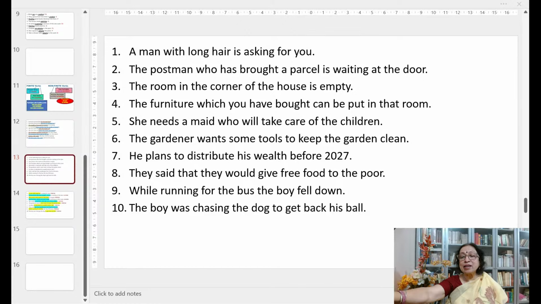Lutfi, I don't know your name. Can we use boy was watching? Yes, why can't you? Boy was watching is a finite verb. You have to say what was he watching? The boy was watching television, or the boy was watching a cricket match, the boy was watching children play.